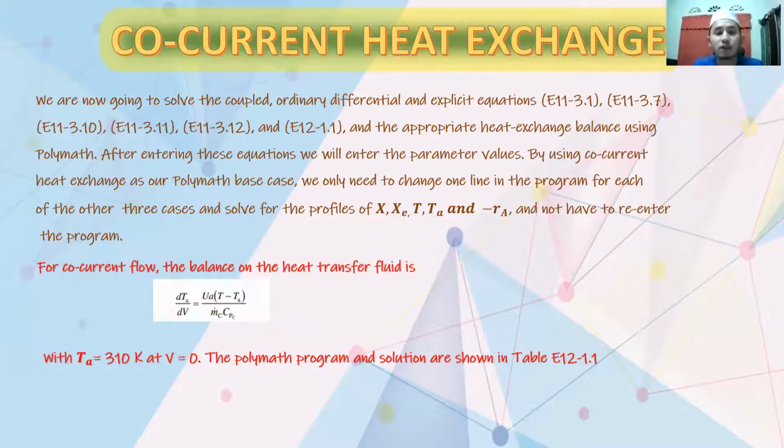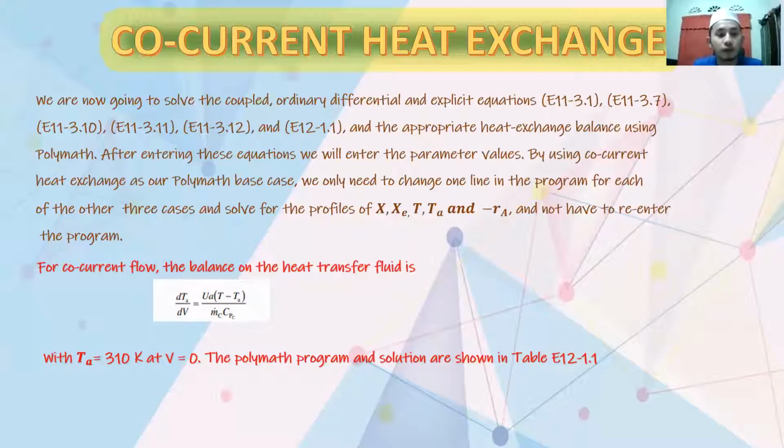By using co-current heat exchange as our Polymath base case, we only need to change one line in the program for each of the other three cases and solve for the profiles of X, XE, the conversion, T, TA, the ambient temperature, and the rate of reaction, negative RA, and not have to re-enter the program.